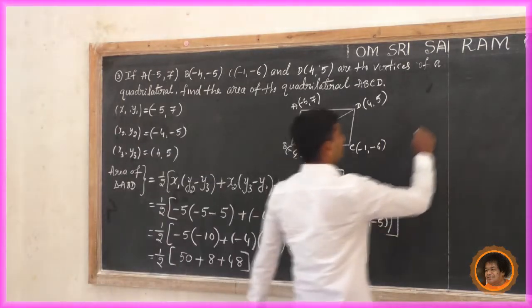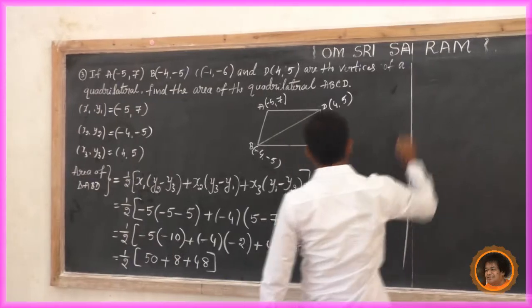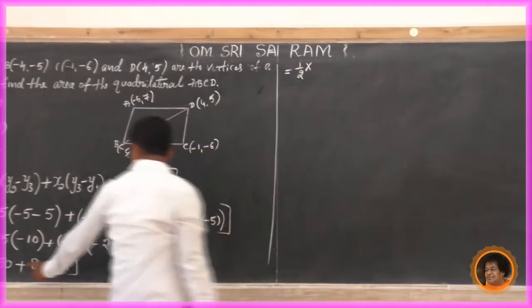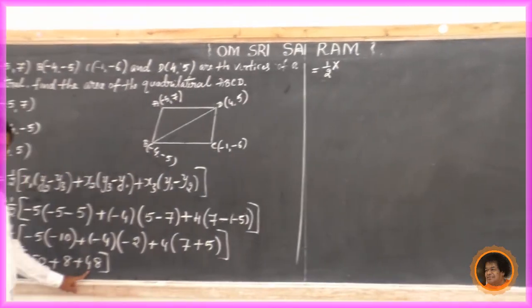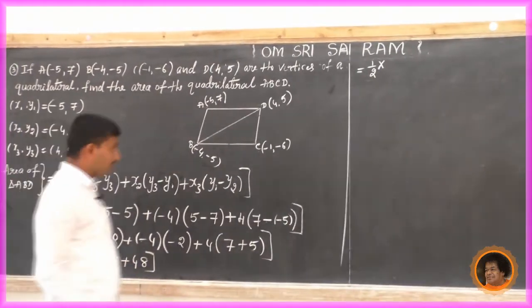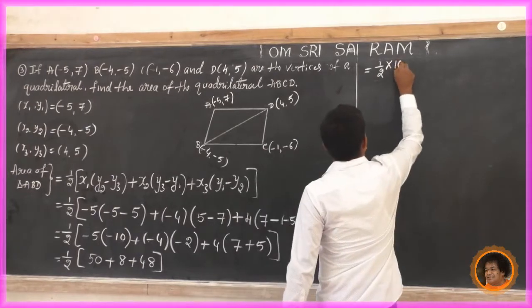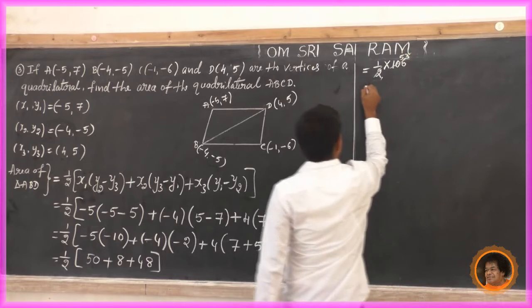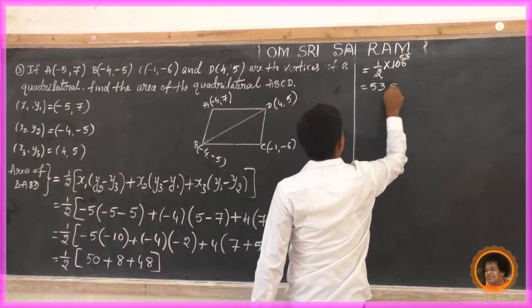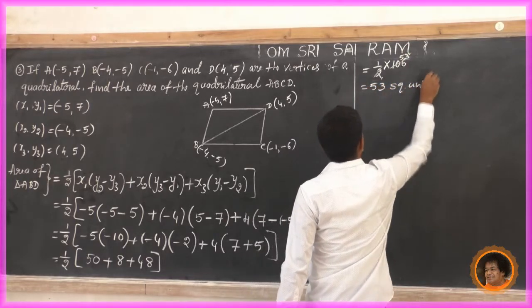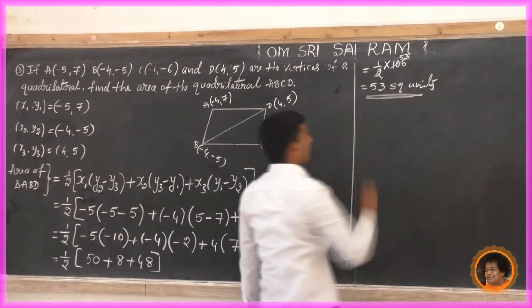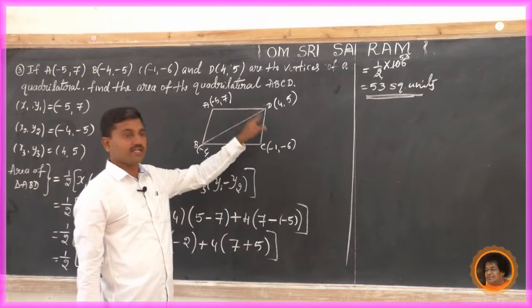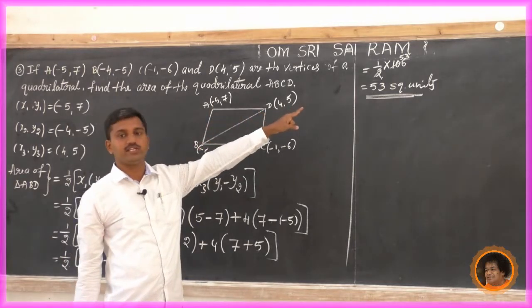So equal to half into 50 plus 8 plus 48, that is 106. 2 ones are 2, 2 fives are 10, 2 threes are 6. So which is equal to 53 square units. So this is the area of the first triangle ABD. So the area of the first triangle ABD is 53 square units.